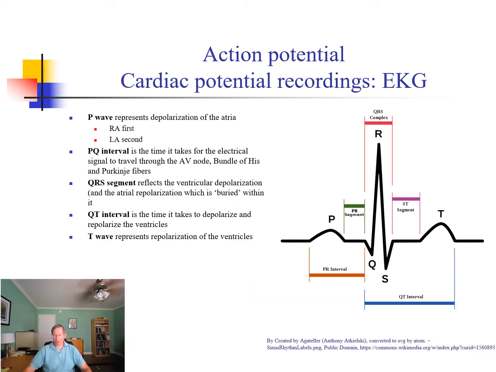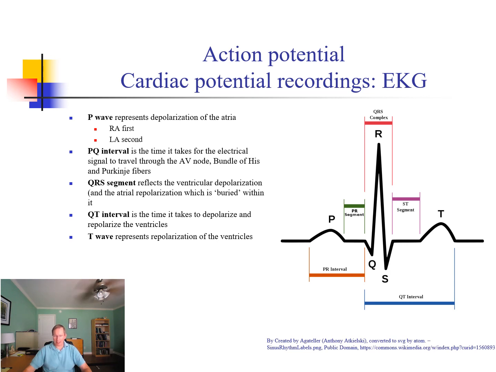So let's talk a little bit about what that looks like. I get this repeated kind of pattern, and I call these waves going up or down by letters in the alphabet, and I start with P and go out to T. The first change or deflection or peak that I will see is what we call a P wave.